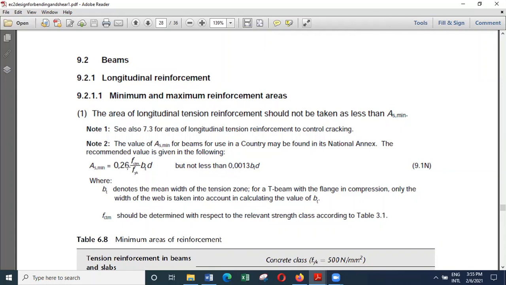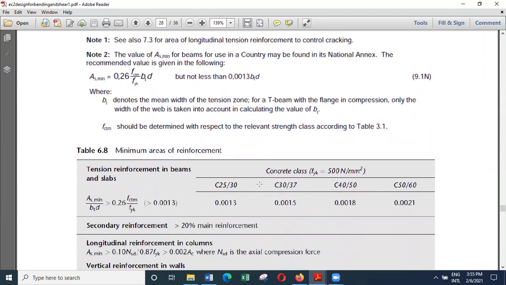So generally for 25 megapascal concrete, you will find that the minimum reinforcement requirement is 0.0013. But when you are using higher strength concretes, you will need more reinforcement than 0.0013. So the amount of minimum reinforcement that you need depends on the grade of concrete that you are going to use.